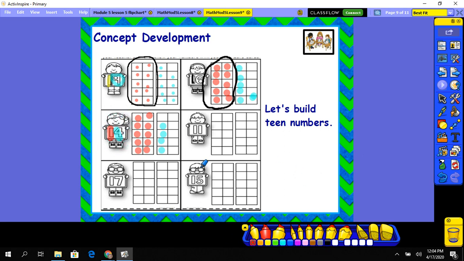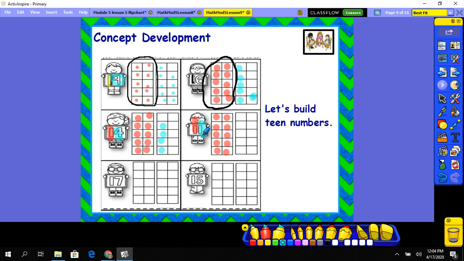Look at our next teenage number. What does this 1 mean? 10. How many should we fill in this 10 frame? 10. 1, 2, 3, 4, 5, 6, 7, 8, 9, 10.